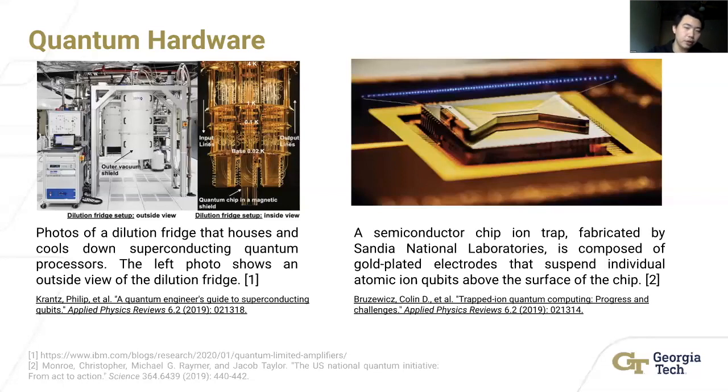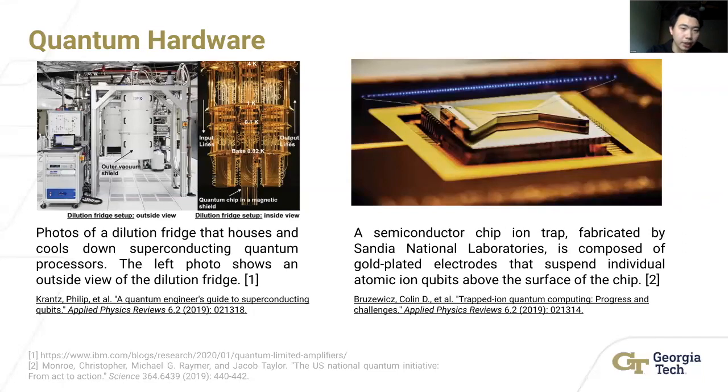So these are the 2 most widely used, or mostly popular, architectures in the industry. On the left, you have superconducting qubits, which is a quantum version of an LC circuit inside what's called a dilution fridge, which can cool down the quantum chip to millikelvin temperature. So it's really, really low temperature.